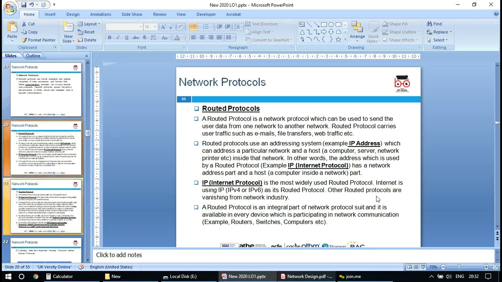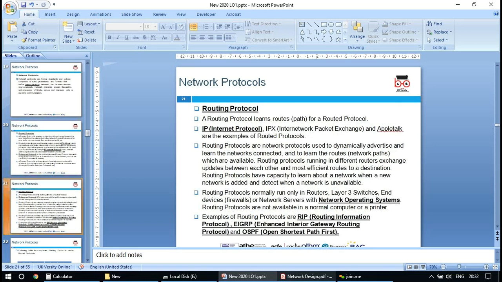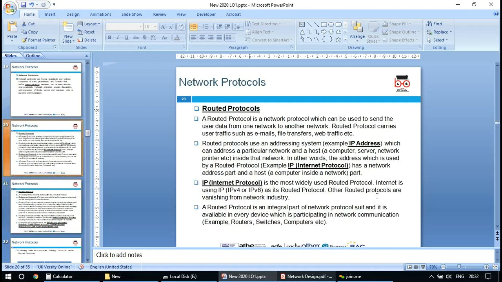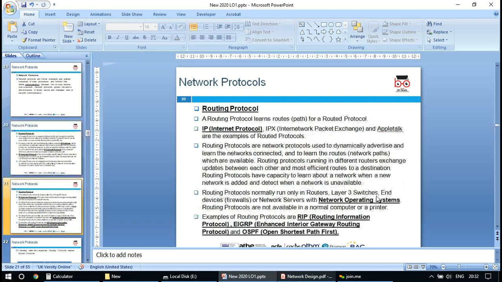Furthermore, some theoretical background on the routing. The routed protocols are used for sending data from one network to another network. The next is the routing protocol.